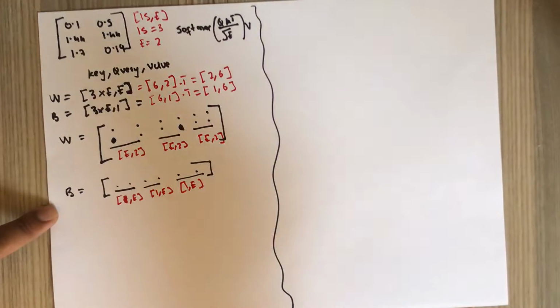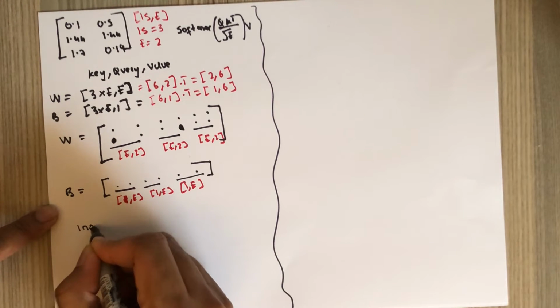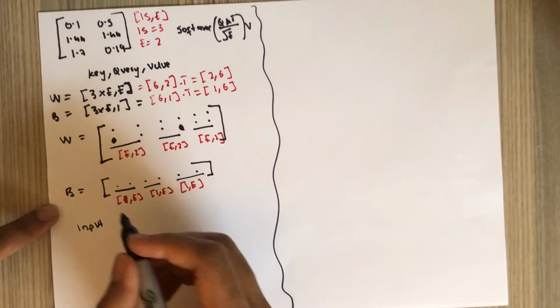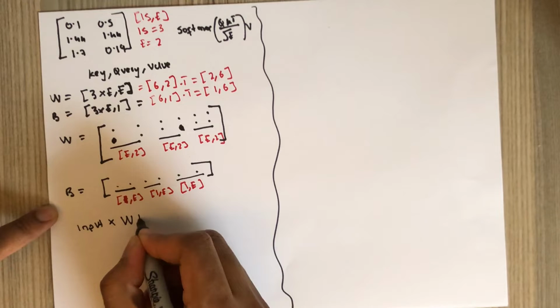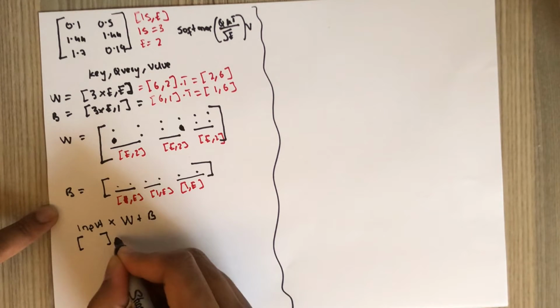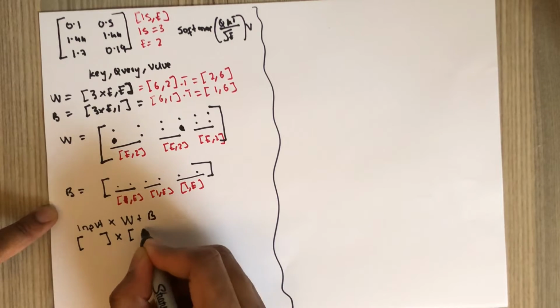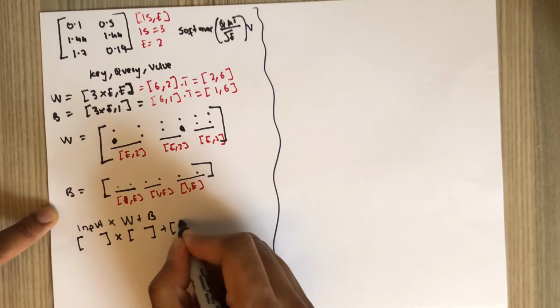So what we can do is take this input multiplied by W plus B. The input is something like this, it's a tensor, multiplied by W, which is also a tensor, plus the bias.